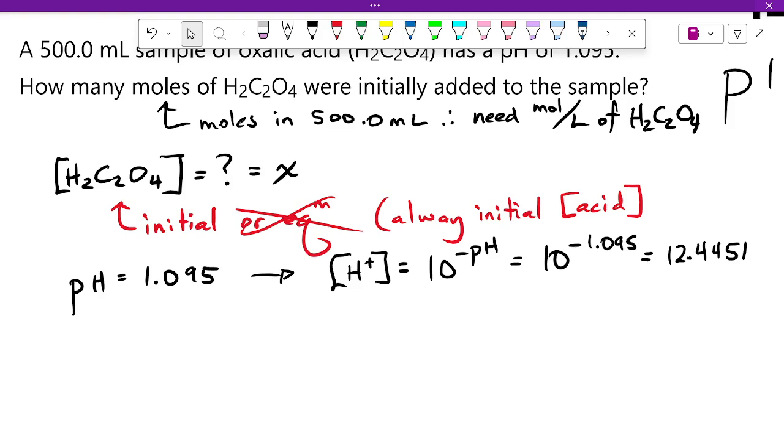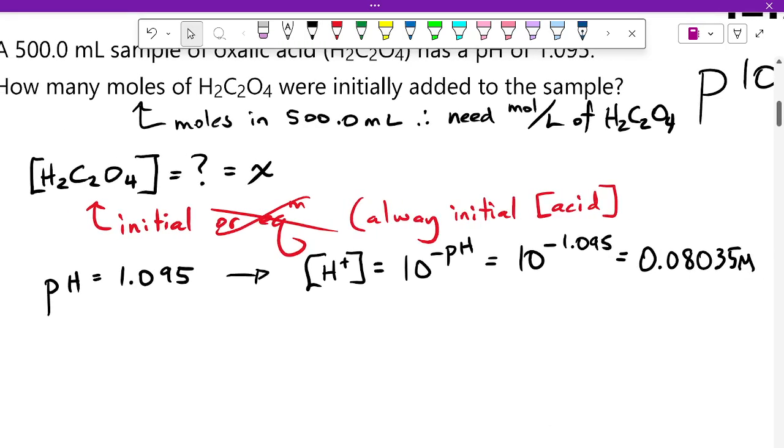That's the wrong number. 0.08035. That's better. Molar. I forgot to make it negative before, and it became basic. Well, no, it did not become basic, because the hydrogen ion concentration would have been like 12 molar, which is way too big.